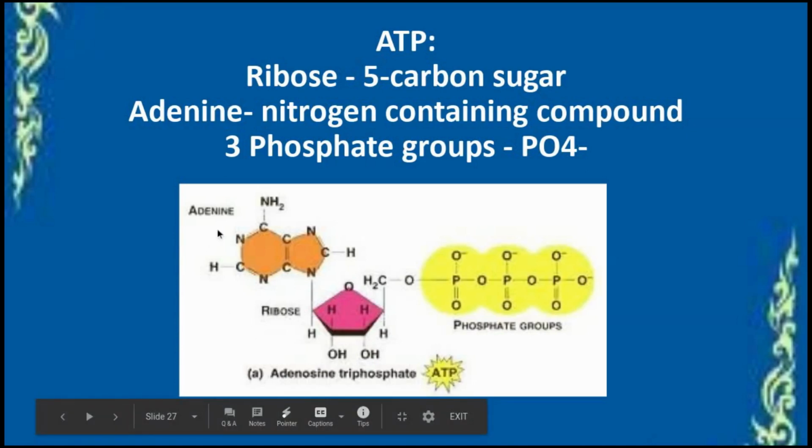Then the adenine is a nitrogen type compound, and you can see the N's there representing the nitrogen. And then we have 3, that tri, 3 phosphate groups that are attached. So the P is our phosphate. So there's 1, 2, 3. And so that would make the structure ATP.